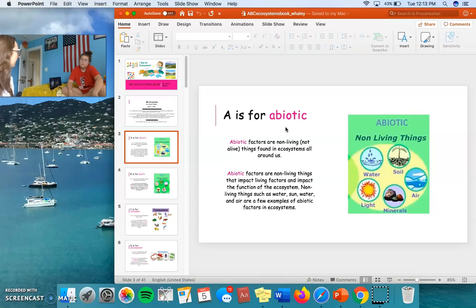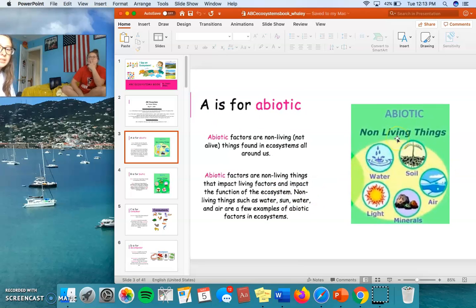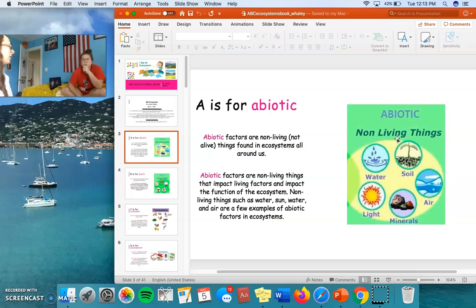Can you think of some other examples of abiotic factors? Abiotic, they're not living. That's great. They're not living. So we listed water, sun. What's in this picture that are some examples of abiotic factors?